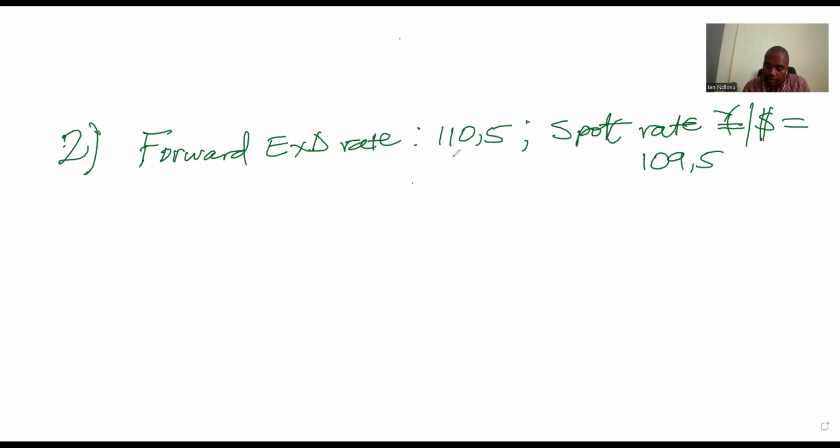So we've got a forward rate where the Japanese yen is expected to depreciate in terms of value, whereas the spot rate is of higher value.